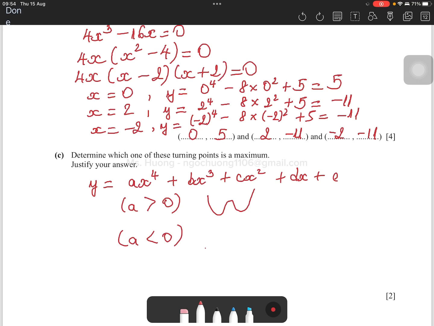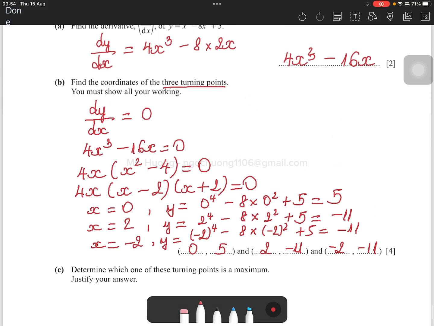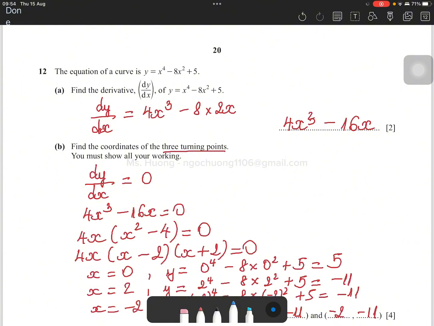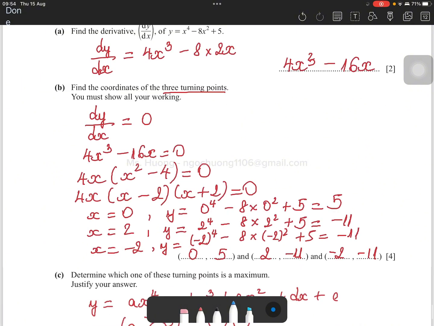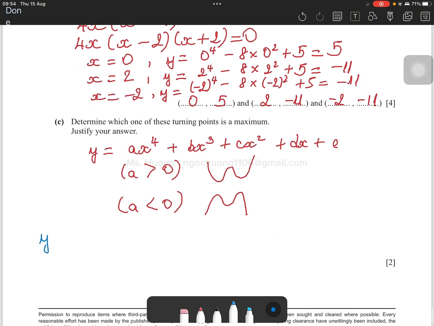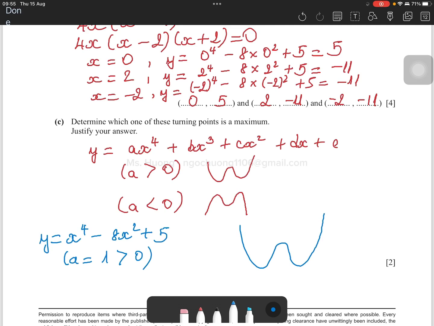And if a is a negative number, then the graph will be like this. In this case, y equals x to the power 4 minus 8x squared plus 5. We see that a is equal to 1. It is a positive number. So the graph will be like this.